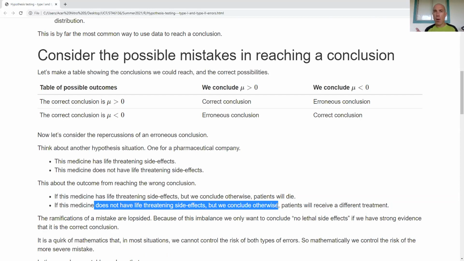Because when I reach my conclusion, I want to make sure that I don't conclude that there's no side effects unless I'm really, really sure of it. So I need strong evidence to conclude that there's no side effects, because of the severity of the outcome of a mistake.